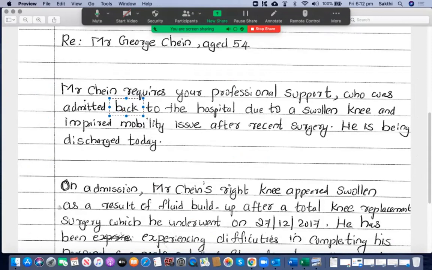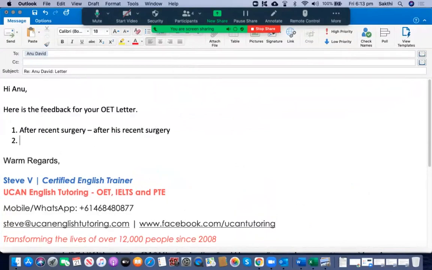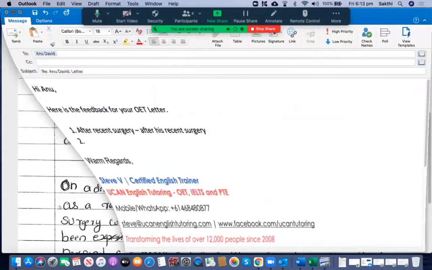Back to the hospital due to swollen knee and impaired mobility after his recent surgery. It's not "after recent surgery" but "after his recent surgery". That would be much better.